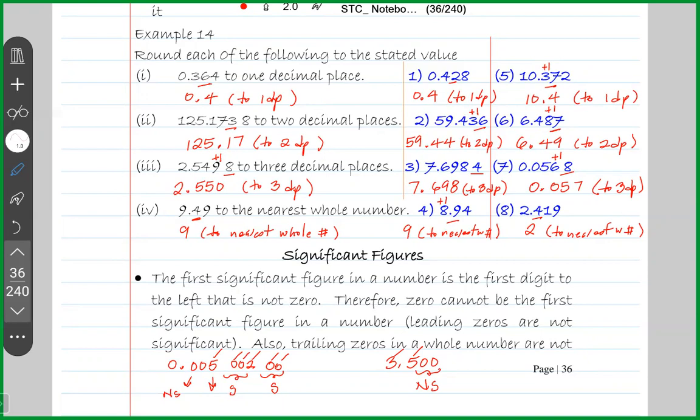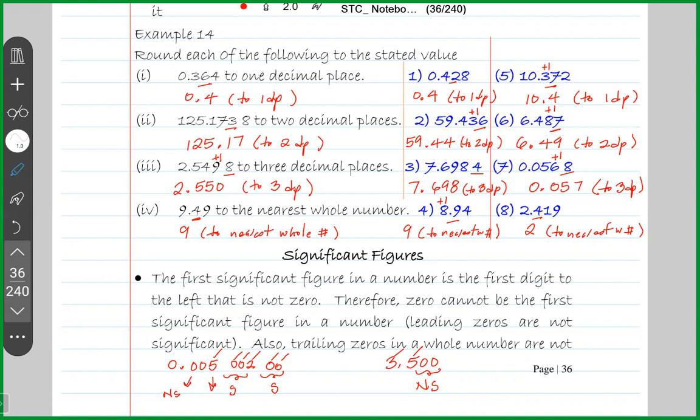So go back up to what I was saying. We said that the first significant figure in a number is the first digit to the left that is not 0. Therefore, 0 cannot be the first significant figure in a number. Leading zeros are not significant.